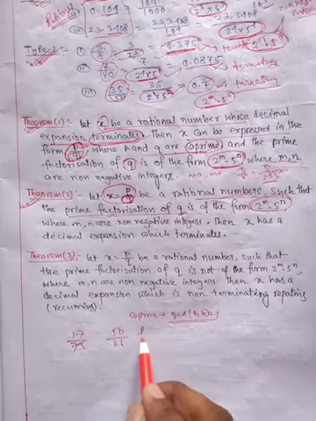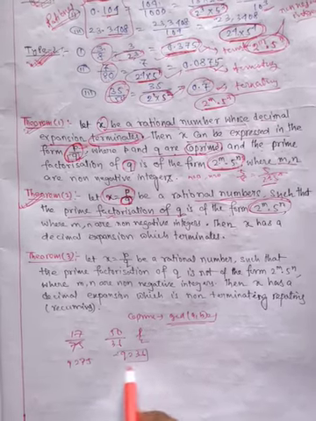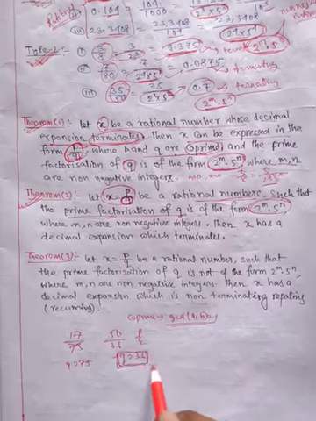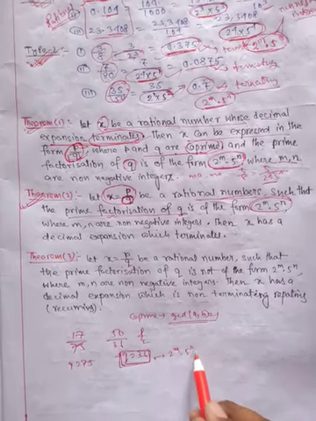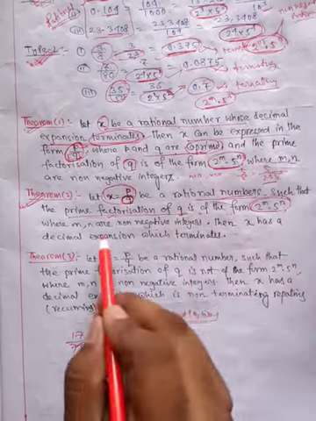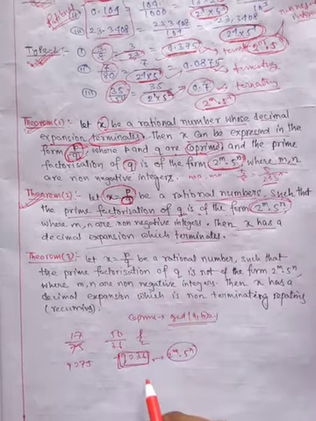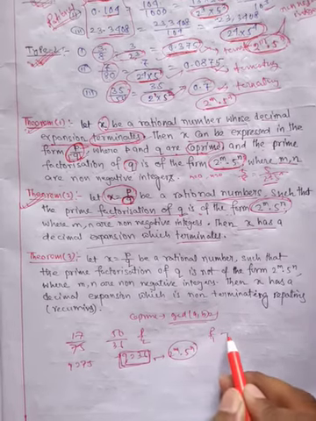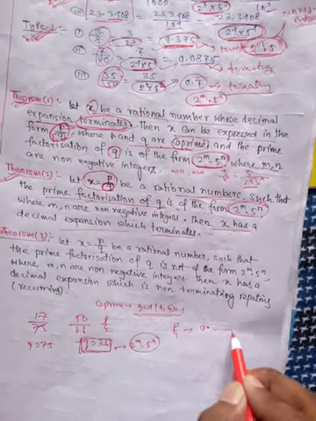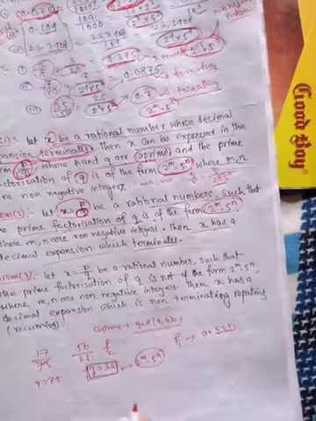This is in the form p by q, where q is 36 here, and q is 75 there. If the prime factorization of the denominator is of the form 2 to the power m into 5 to the power n, where m and n are non-negative, then x has a decimal expansion which terminates. Terminating means that after the decimal point there are a finite number of digits.